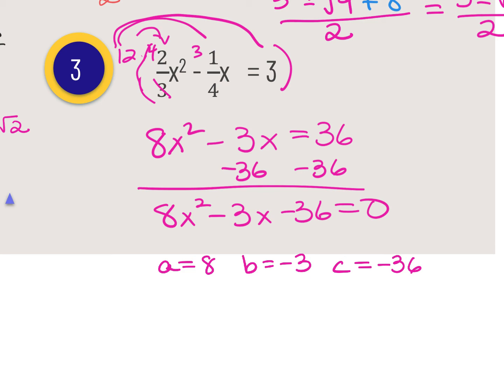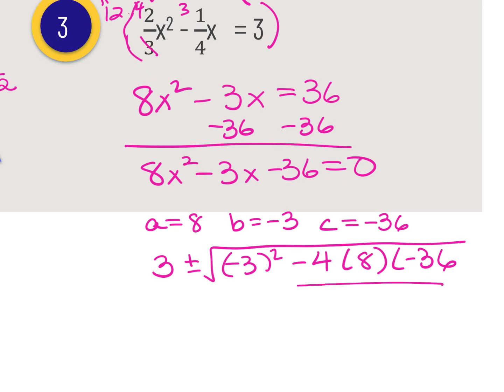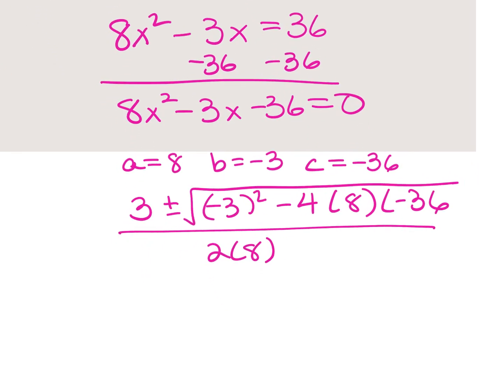I now can plug it into the formula. Opposite of B is +3, -3 squared, minus 4 times A times C, all under the radical, and then 2 times 8.